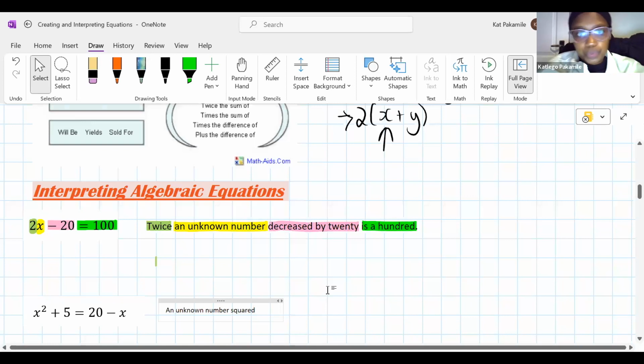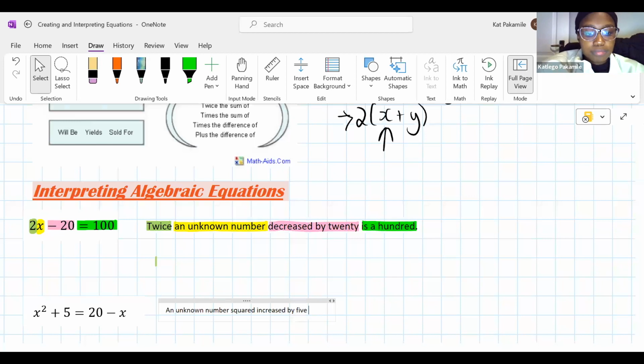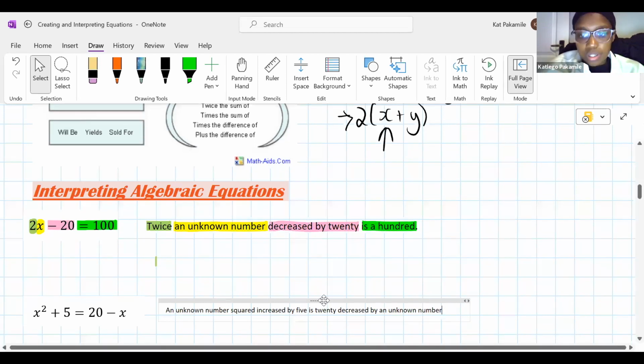Yes, an unknown number squared increased by 5 is 20 decreased by an unknown number. That's what you say, right? Yes, ma'am. Let's check our statement.